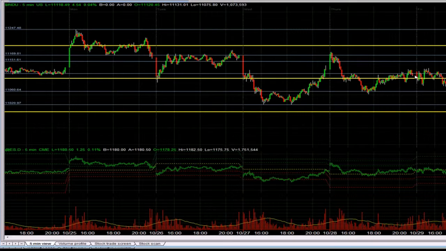In front of the screen now, you've got a clip from my Sunday night video, which was showing the levels on the 5-minute Dow cash chart, and I was saying how we were pivoting between the 11,100, 11,000, 11,200, and you can see the lines I've actually got in. I've got here that high there at 11,247.